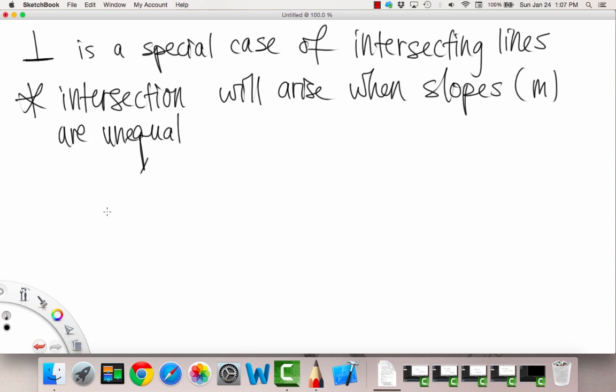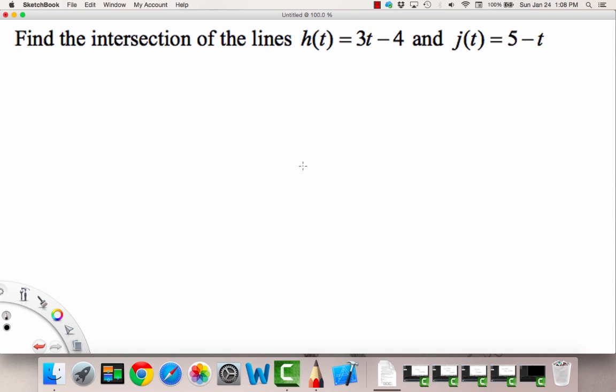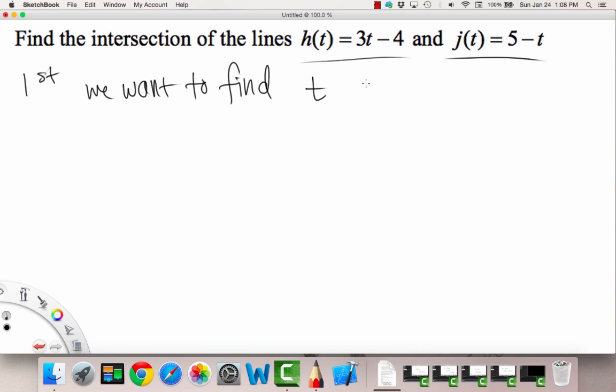Okay, so let's do an example finding an intersection between two lines. Here's a problem we can practice on. So we have h of t and j of t. Our goal first is to find the t value where the function values are equal, so where h of t is equal to j of t.